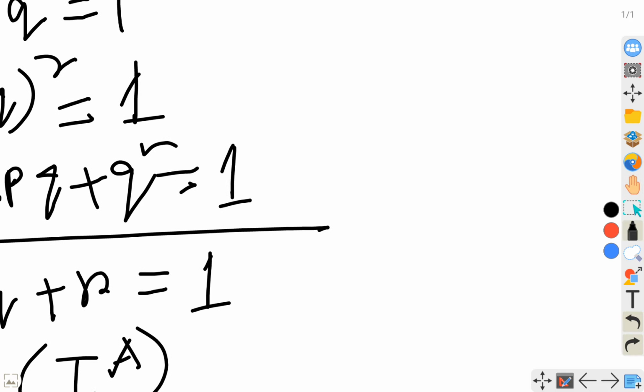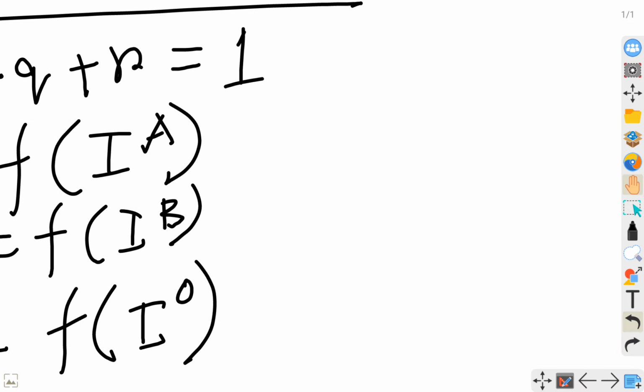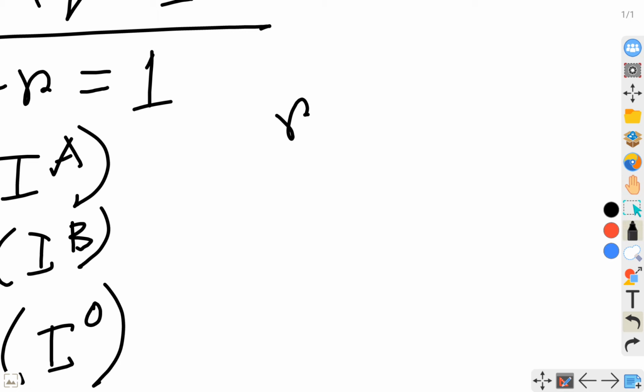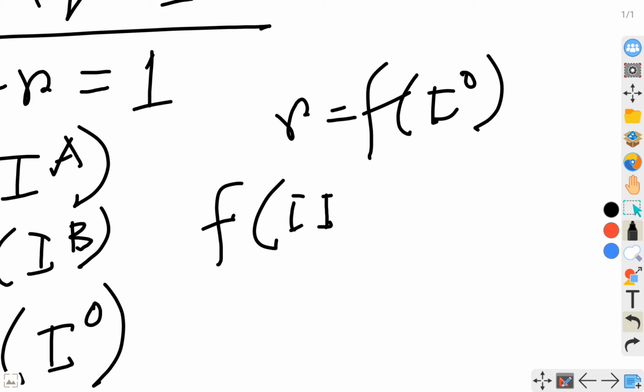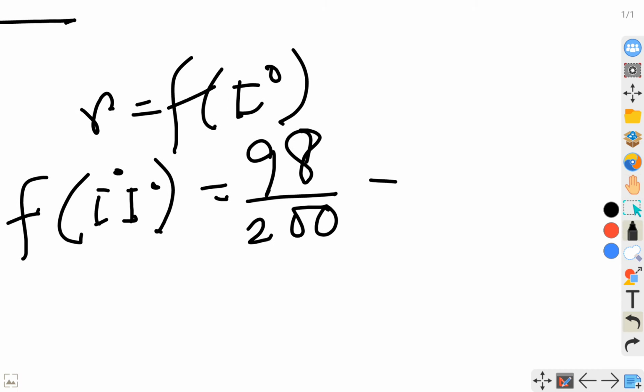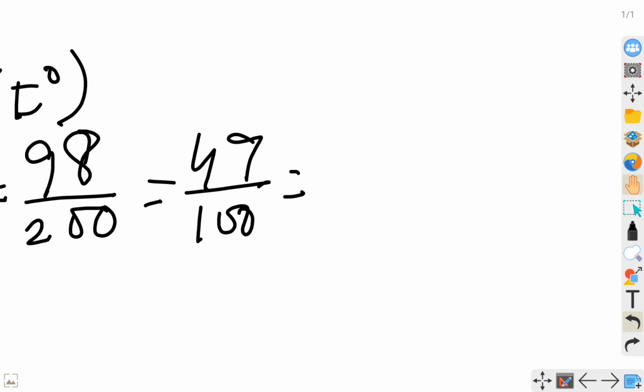Now let's say that R is equal to the frequency of IO. So R square, or the frequency of IO IO, that is the genotypic frequency, is equal to 98 individuals by 200, which is 49 by 100, is equal to 0.49.